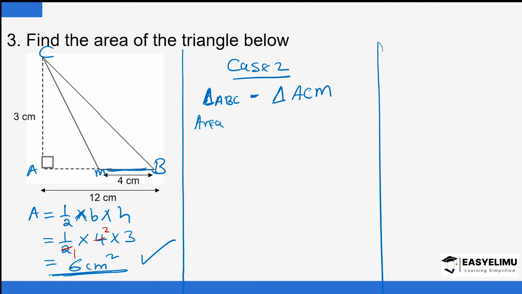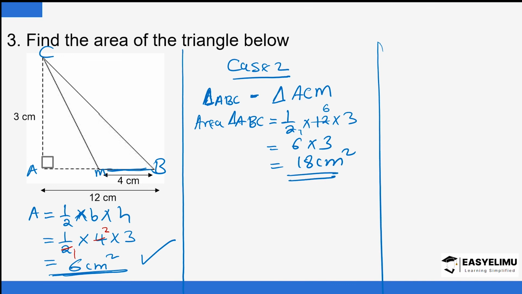So area of triangle ABC should be equal to a half times 12 by 3. That is going to be 6 by 3, which is 18. Now 2 goes here, 1, 2 goes there, 6. 6 by 3 is 18 square centimeters.